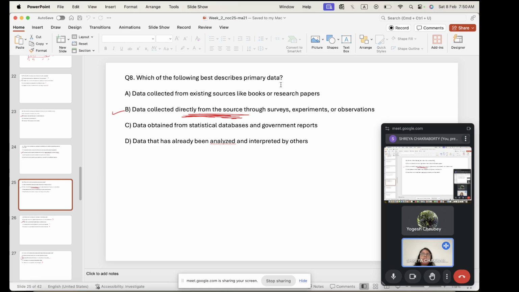Suppose you go and visit a field and get some health data. For you it's primary data, and you are working with it, storing it, and then making that data available to the public. When the public uses that same data, for the public it would be secondary data.